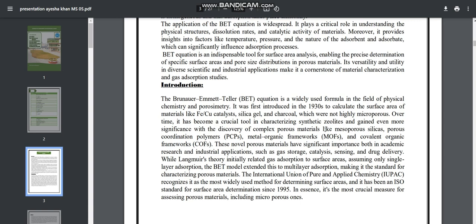These materials play a vital role in research and industries like gas storage and drug delivery. Unlike Langmuir's theory, BET considers multi-layer adsorption, setting the standard for porous material characterization. Recognized by IUPAC, it is the most widely used method for the determination of surface area since 1995. Essentially, it is crucial for assessing various porous materials.